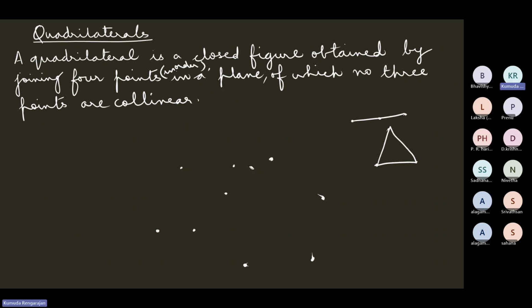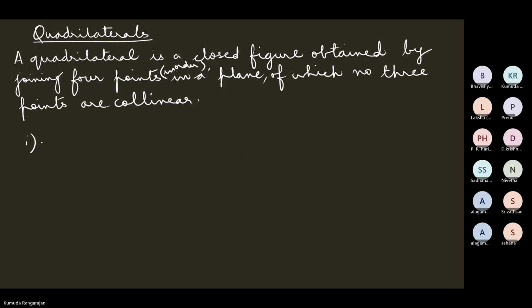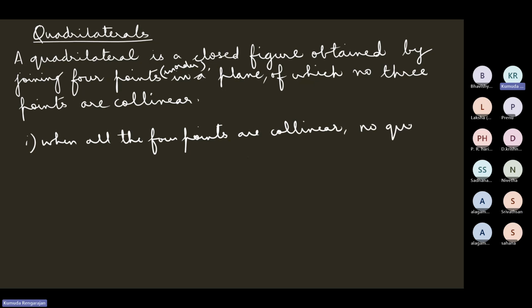Let me show you this again. When all the 4 points are collinear, no quadrilateral is formed.